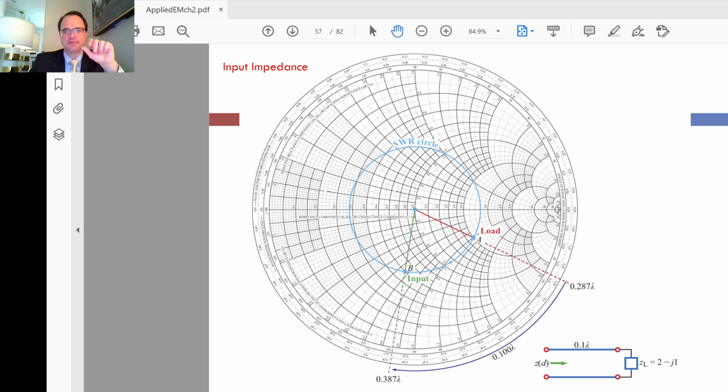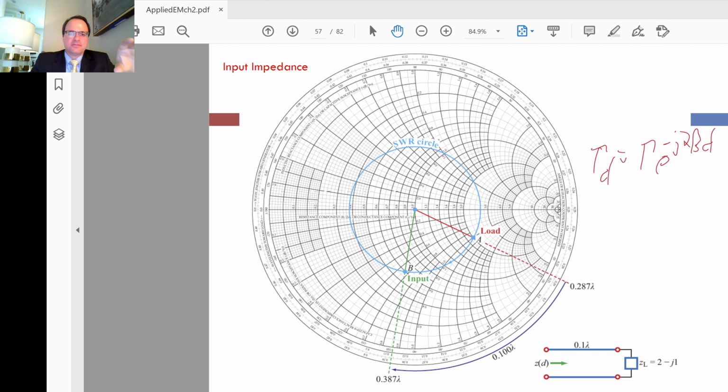Then we talked about how to get gamma at any position along the line. That's called the phase shifted gamma. For that, we go in the clockwise direction, and we apply gamma sub d is equal to gamma e to the minus j 2 beta d. All right, and so we can get the phase shifted reflection coefficient at any point along the line.